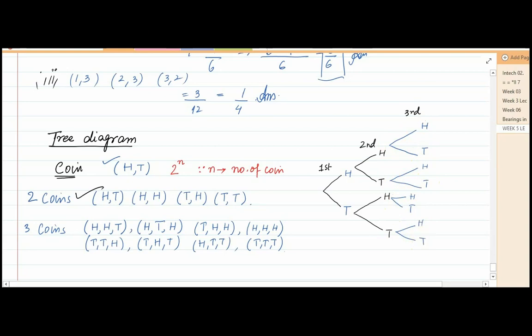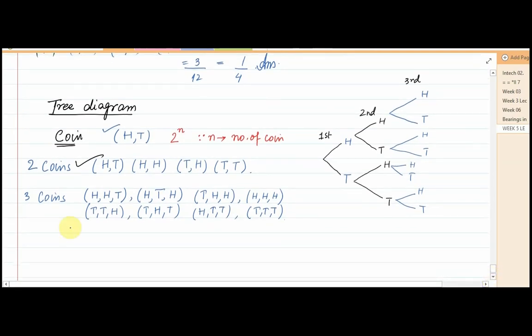Now the sample space, the total number of possible outcomes: you can count from here 1, 2, 3, 4, 5, 6, 7, 8, right? We had discussed the same 8 possible outcomes. So that whole information is represented here in a short tree diagram. That is why I say that a tree diagram saves our time, cuts down our effort, and reduces the chances of mistakes, right?